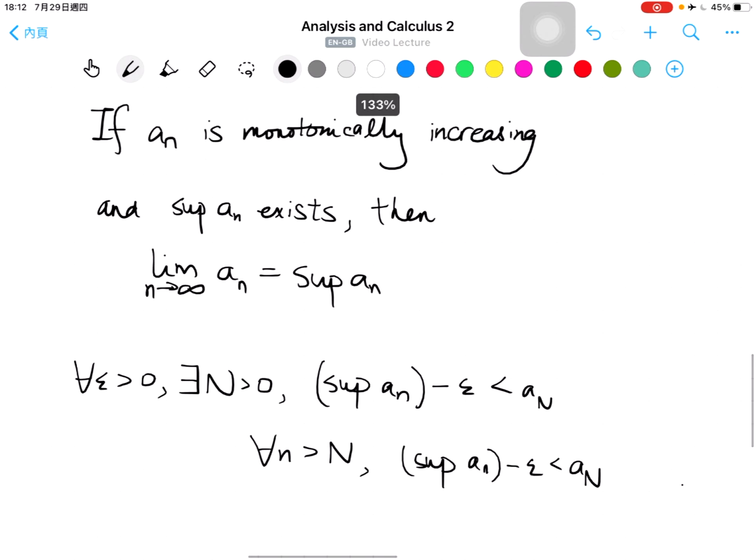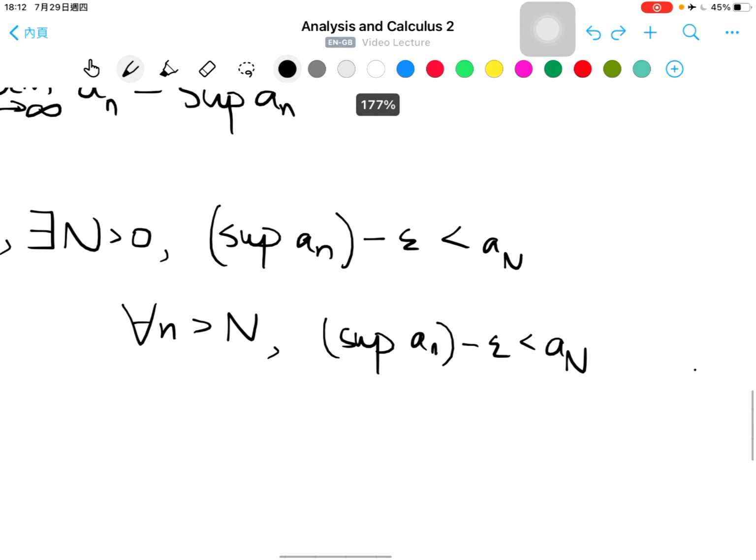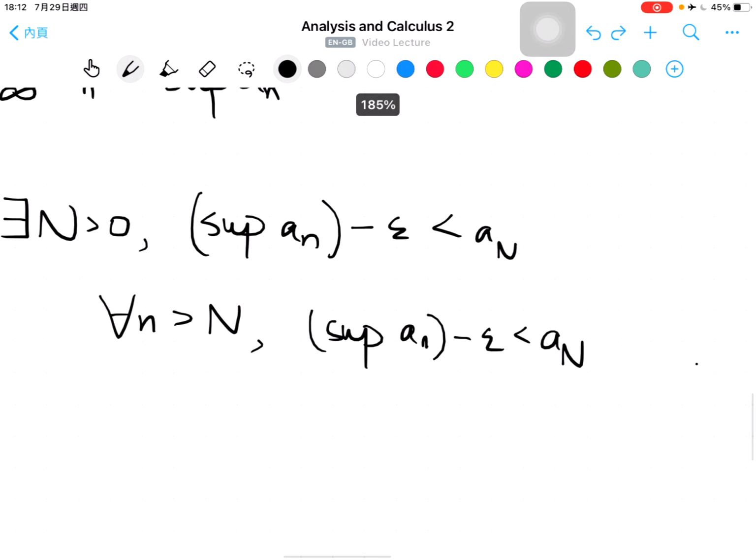Now, a_n is a monotonically increasing sequence. What does that mean? When the index gets larger, the term in the sequence also gets larger, right? So a_N is going to be smaller than a_n.